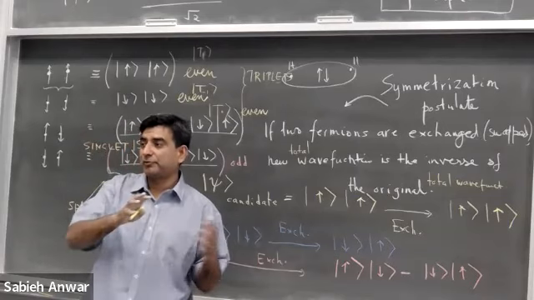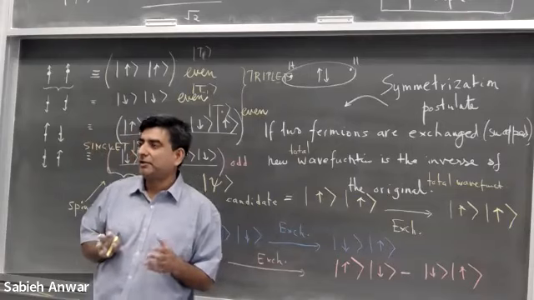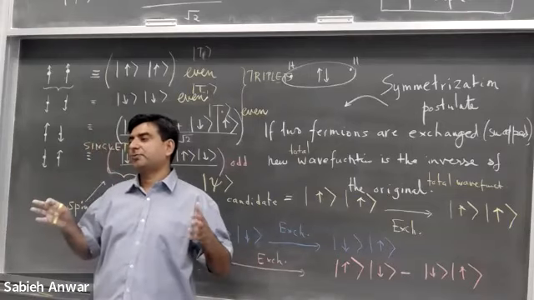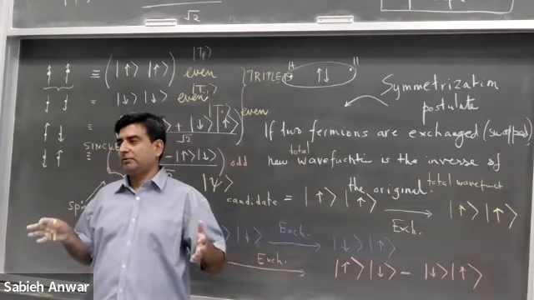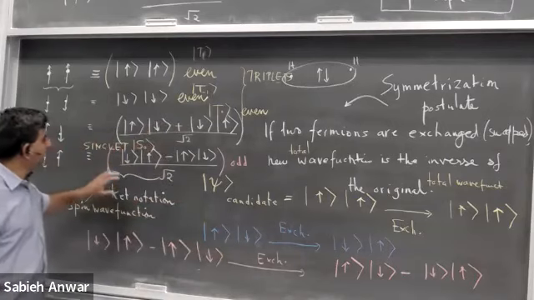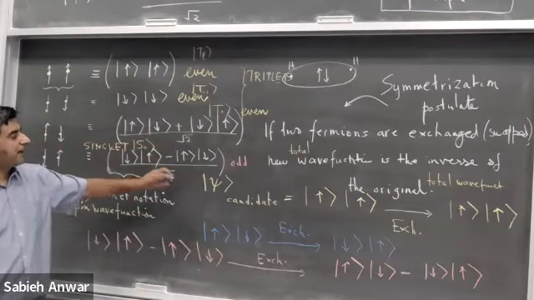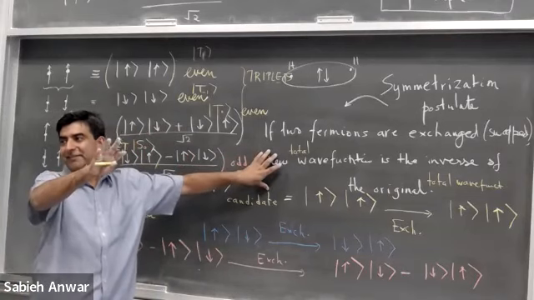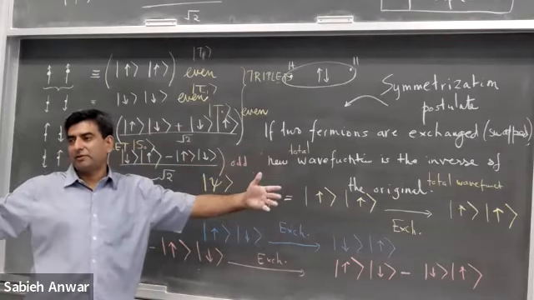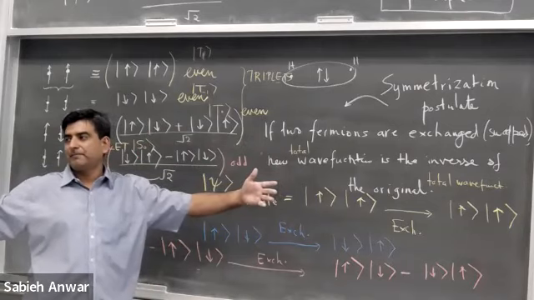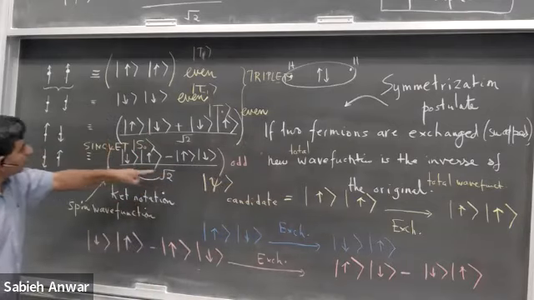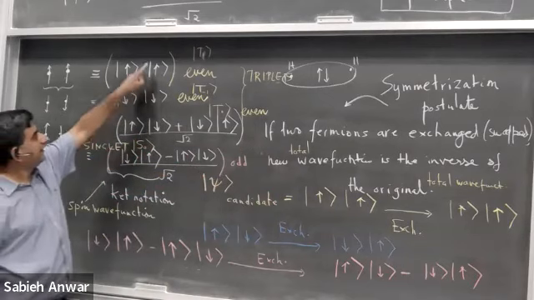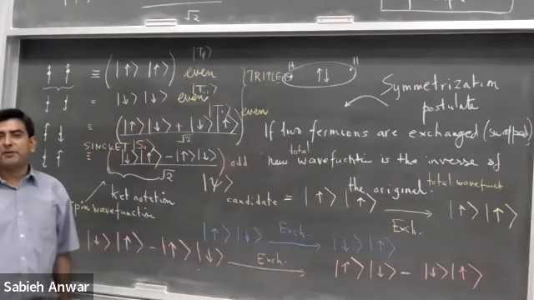It could move, it could vibrate if it's in a bond. So the overall wave function has to be odd. So this odd singlet wave function has to combine with an even wave function for the other things to make the overall wave function odd. But nevertheless, this is called a singlet wave function, and these three are the three different kinds of triplet wave functions.